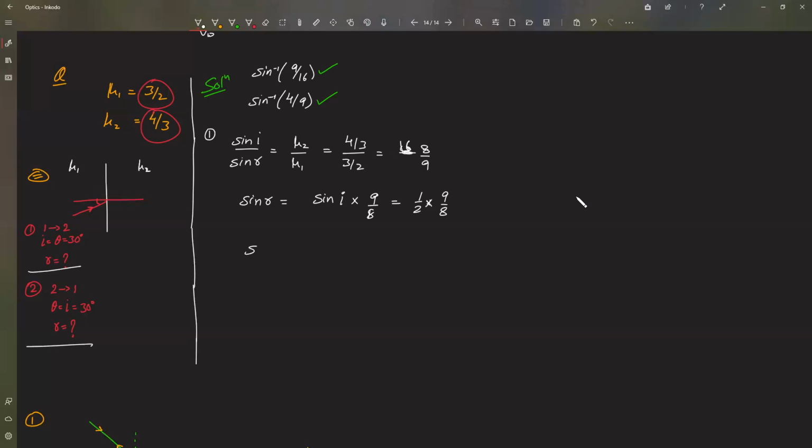So that means sine r is equal to 9 by 16. And if you apply the same thing in the reverse direction, in the second case sine r will be equal to 4 by 9. Okay, that's correct.